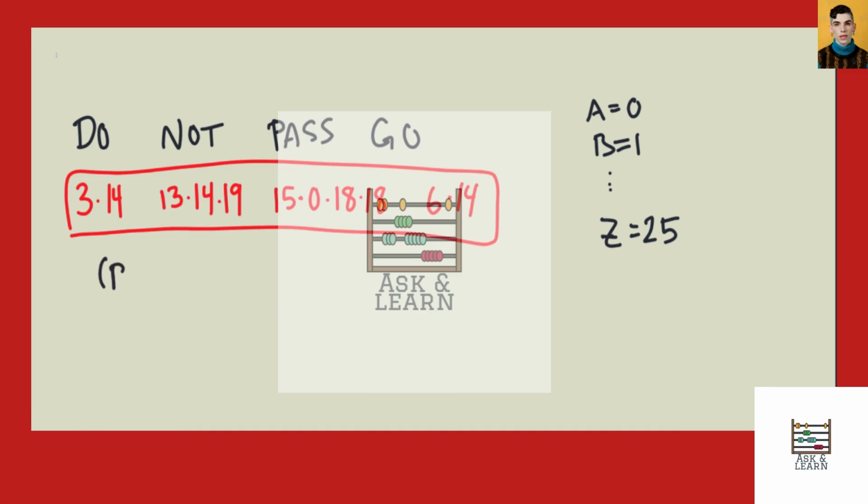Okay, so part A wants us to translate this to be P plus 3 mod 26.